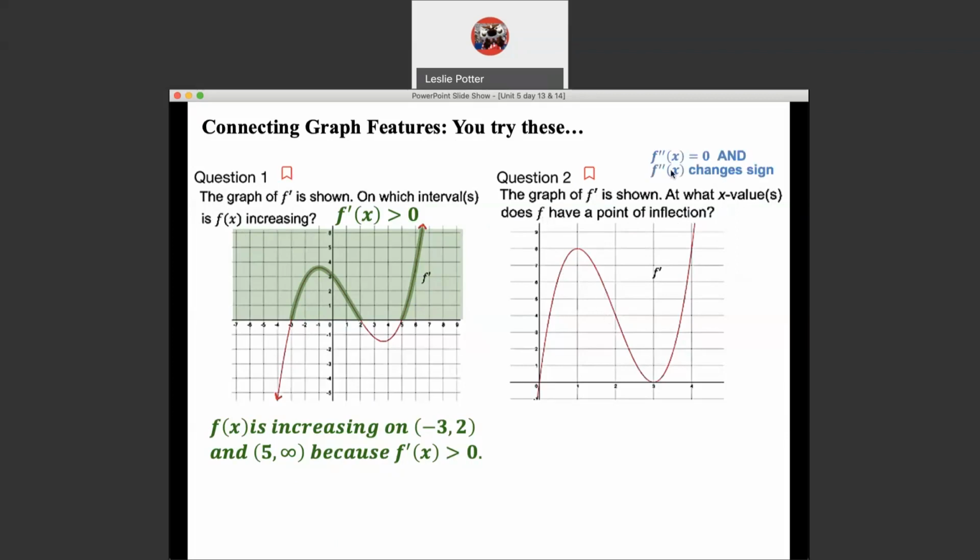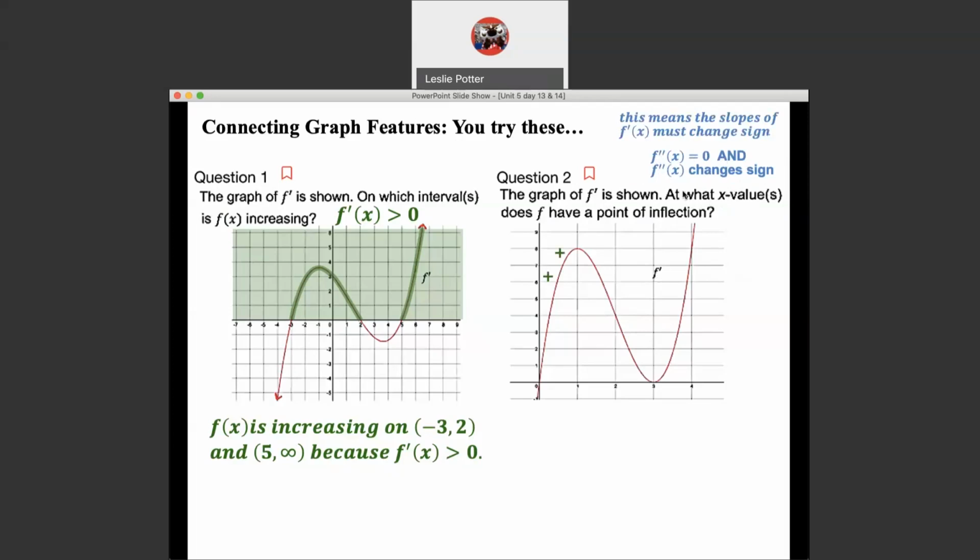We know that a point of inflection has 2 criteria. We have to find where the second derivative equals 0 and, big and, where it changes sign. Remember, we're looking at the first derivative.